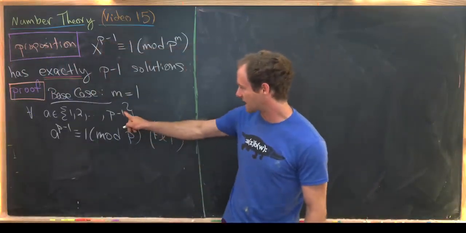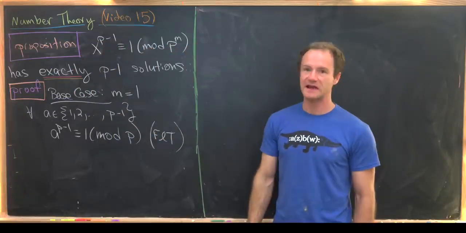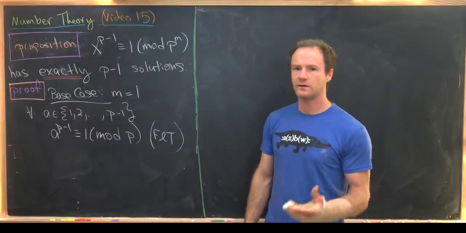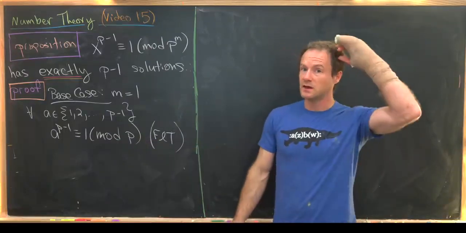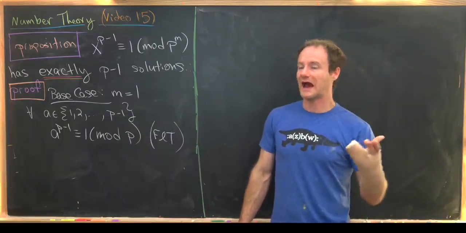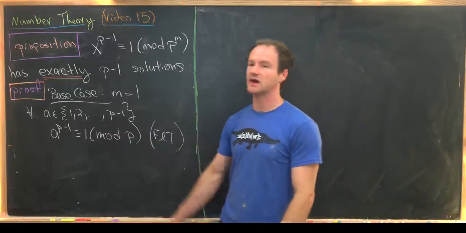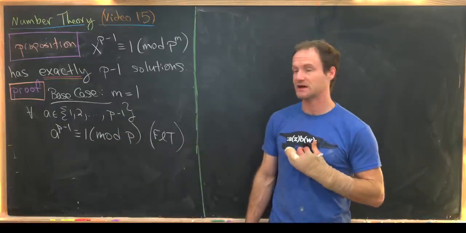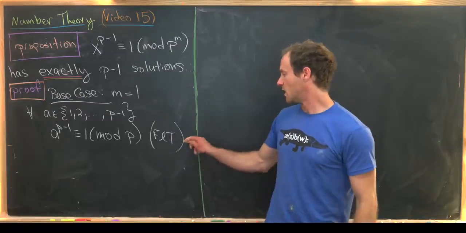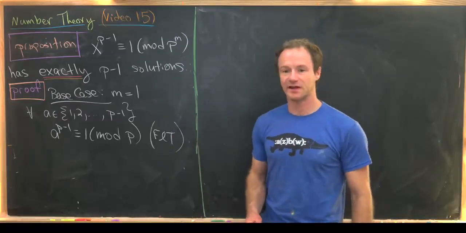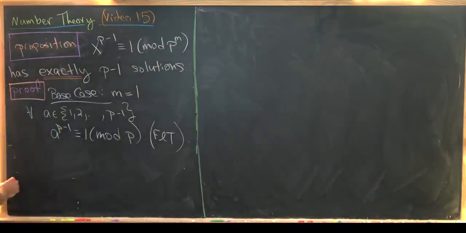Notice that there are exactly p minus 1 numbers that a can come from, but there are only p residues modulo p, and the one excluded residue is clearly not a solution because 0 to the p minus 1 is congruent to 0. It is not congruent to 1. Okay, so Fermat's little theorem takes care of the base case. So now let's make an induction hypothesis.